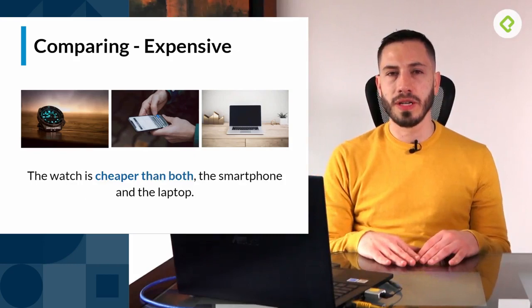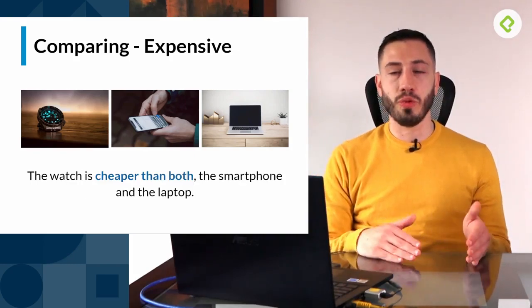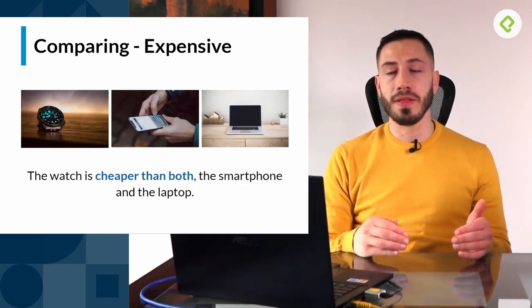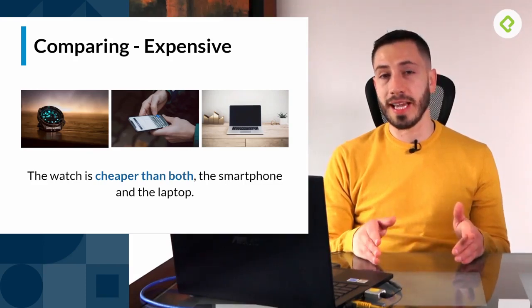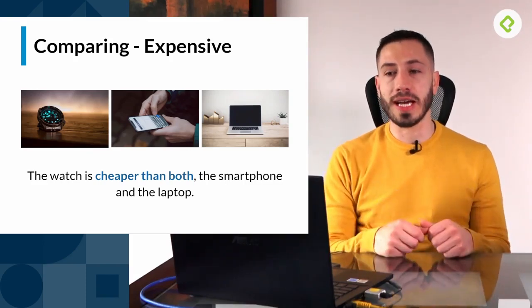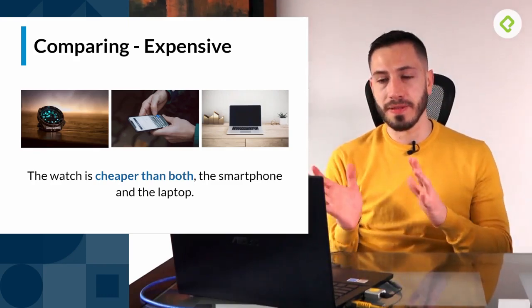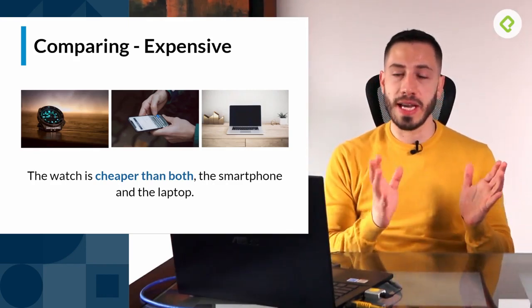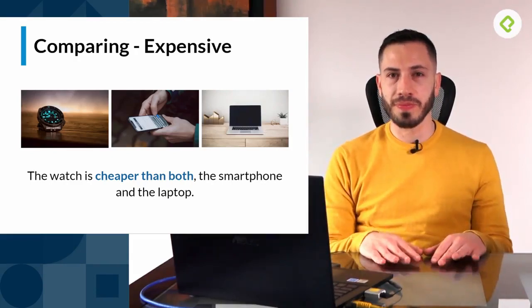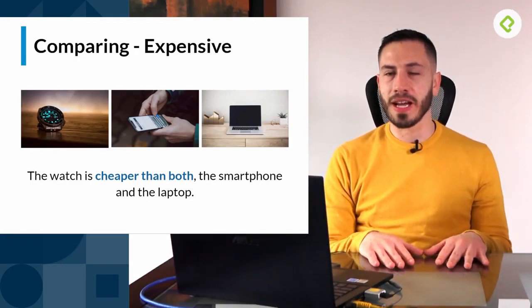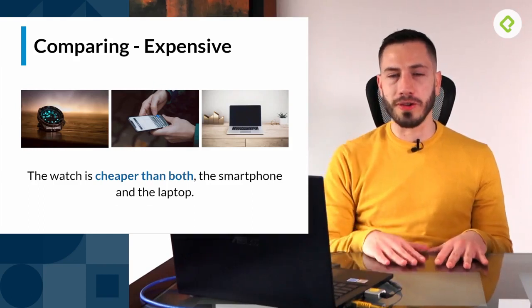Very good. You should say, the watch is cheaper than both the smartphone and the laptop. Once again, we're using the opposite adjective, expensive versus cheap. And in this case, we say cheaper than both. Do you get the idea? I'm sure you do. Well done.